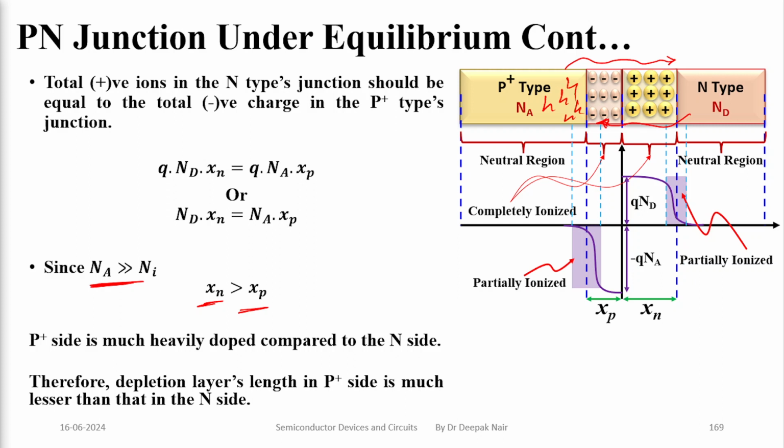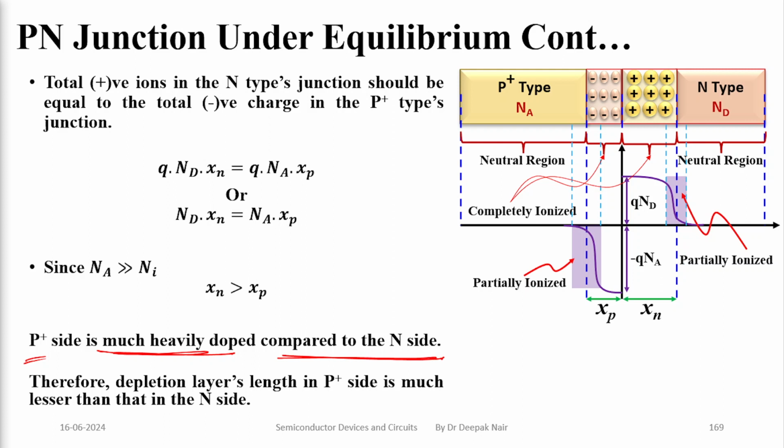They will find enough holes to pair up, so the distances xp and xn will be different, and we can say xn is greater than xp. So the p side is much more heavily doped compared to the n side.